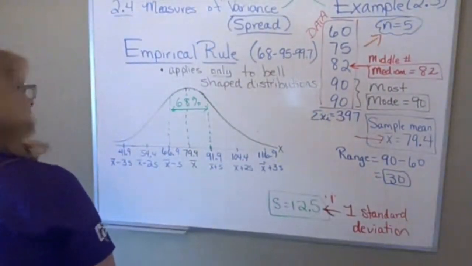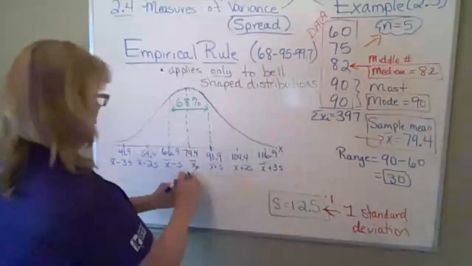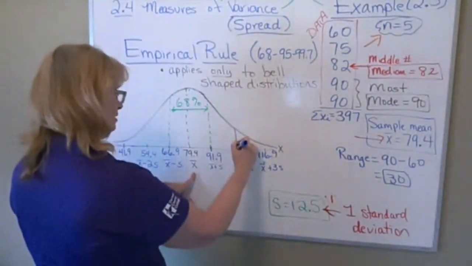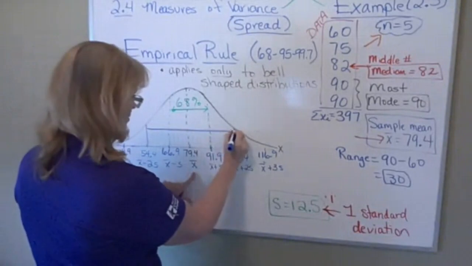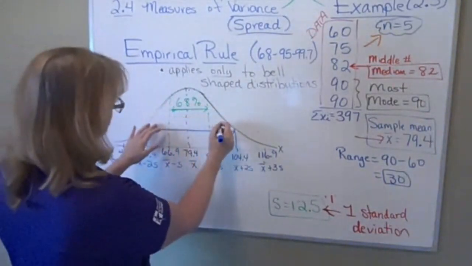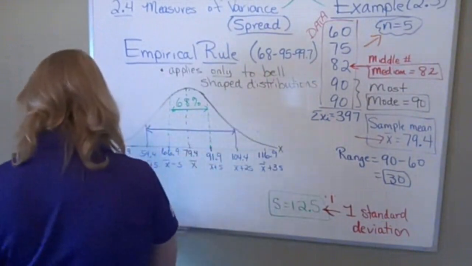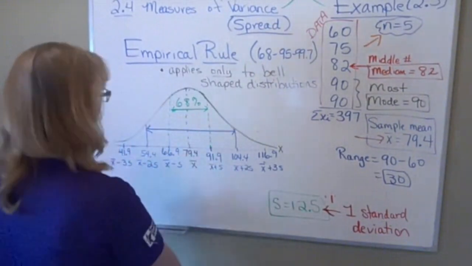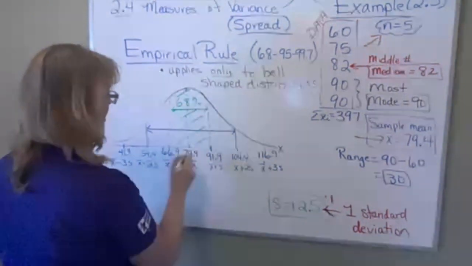And then if you go 2 standard deviations from the mean, so that's from here to here, you have this 68% plus some more. Do you see? Plus you have this. So remember these data values that are in here are 68%.